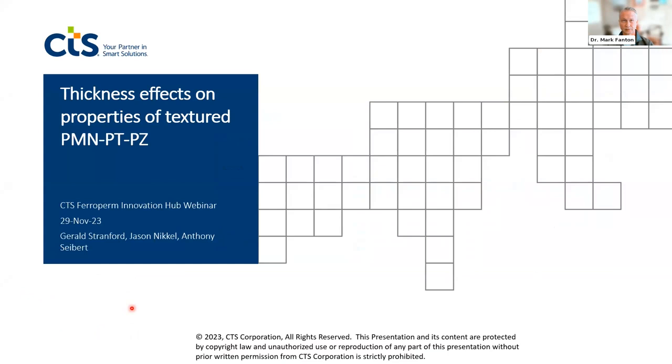We have, where possible, tried to match the template particle as closely to the matrix that's being textured as possible. In the case of the PMN-PZT, I would say we're not as well matched as we would like to be, but there's not yet technology available to let us grow a template particle that's compositionally closely matched to that particular material.